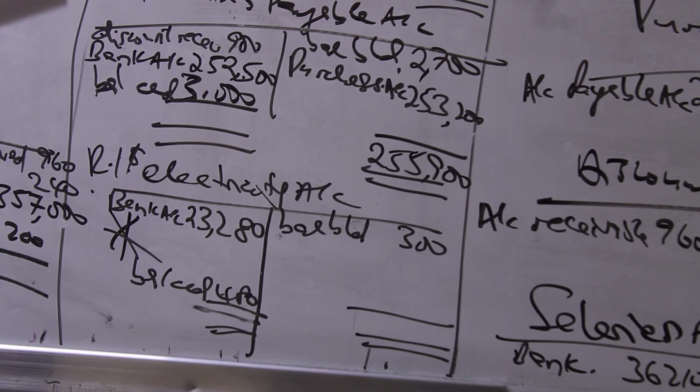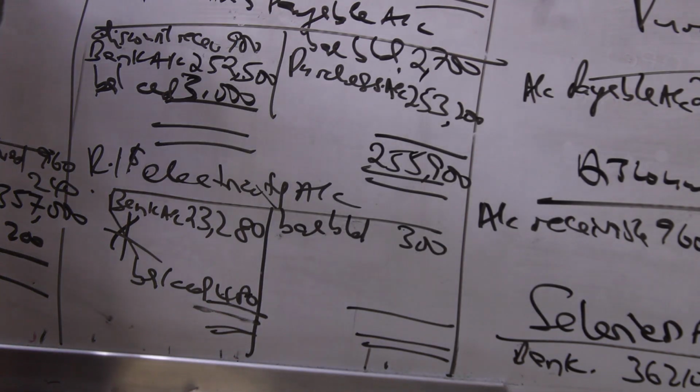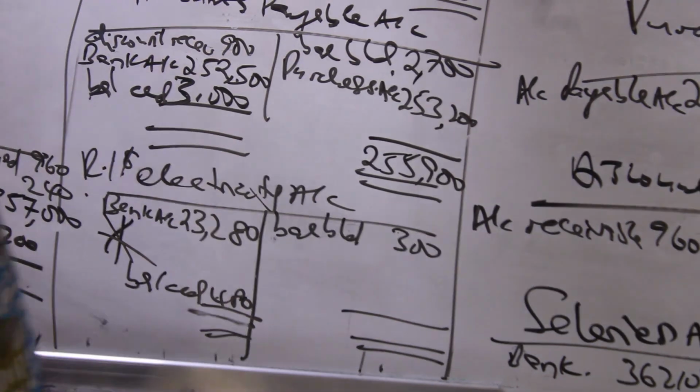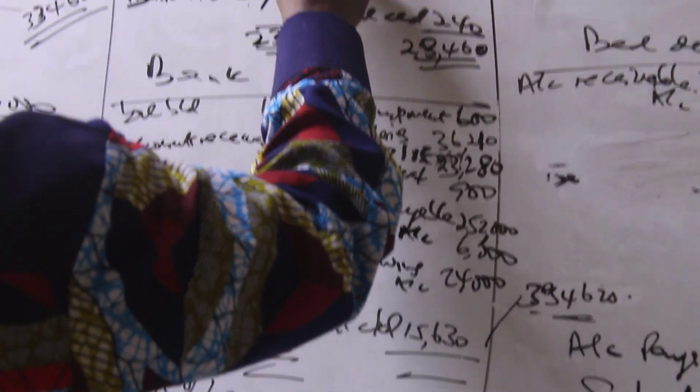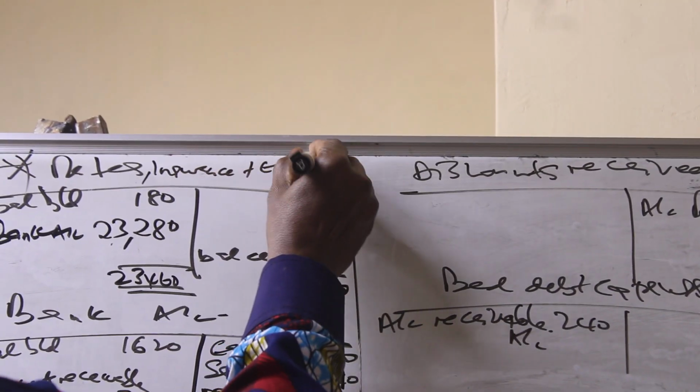Yes, it's supposed to be combined. 23,280, and that's why that 23,280 is coming here. Electricity, so very interesting about this account. So rates, insurance, and electricity.